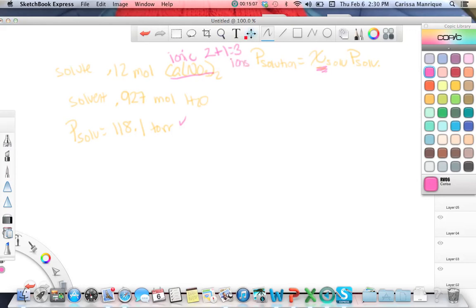So now let's put that into consideration in our mole fraction. Our mole fraction is going to be moles of solvent divided by moles of solute plus moles of solvent, so basically the total.